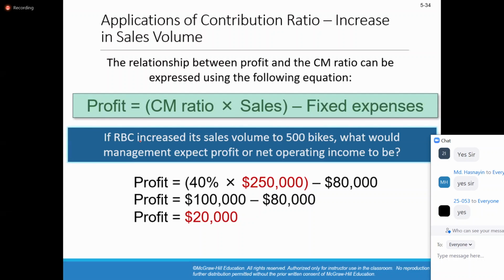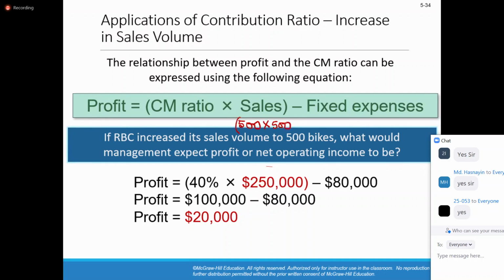So if RBC, the cycle company, increased its sales volume to 500 bikes, what would be the management expectation for profit or net operating income to be? You see that for increasing sales volume from 400 to 500 bikes, our sales will be equal to 500 units multiplied by $500 per unit.